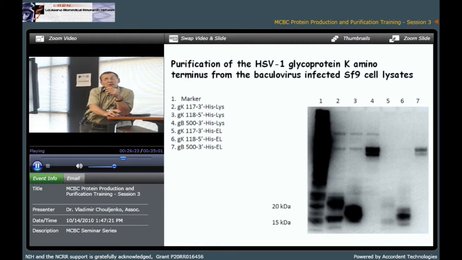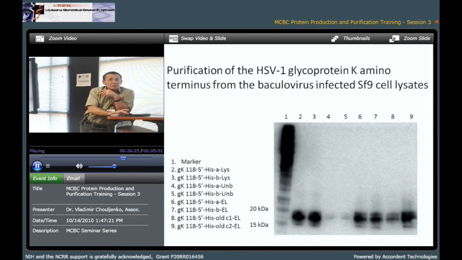We played some more with purification condition, like changing some pH. And here we have lane 2 and 3, two different samples, just straight cell lysates. And 4 and 5, the same samples, only after binding with resin. It basically says that almost all protein efficiently binds to the resin under this condition.